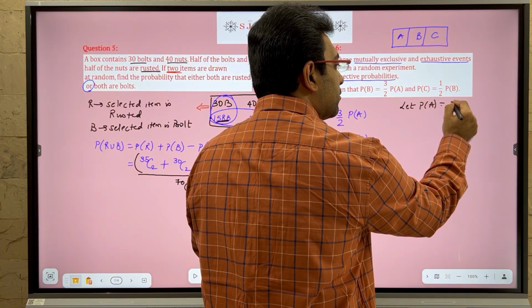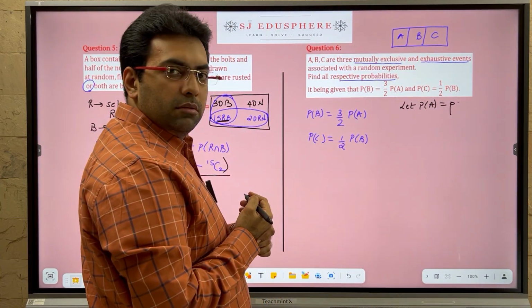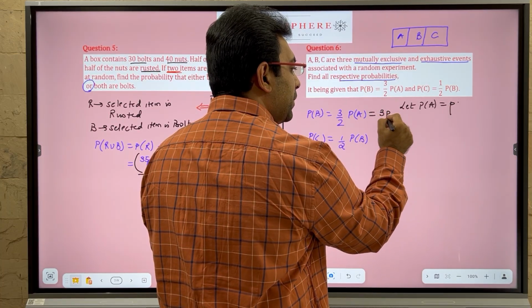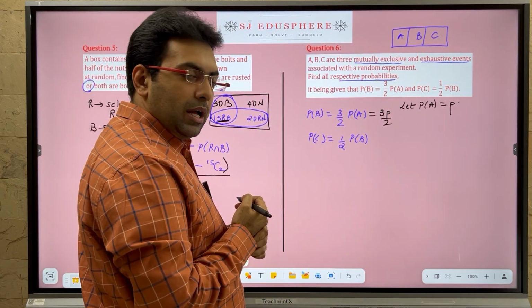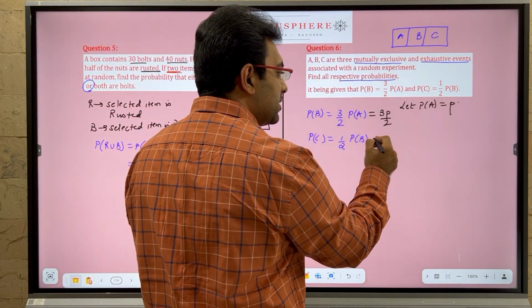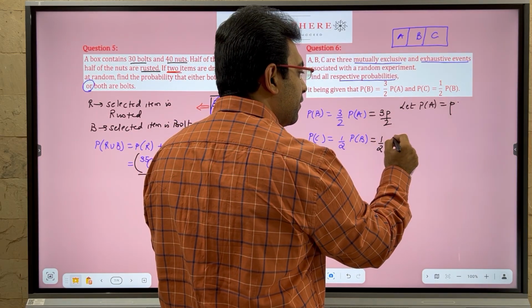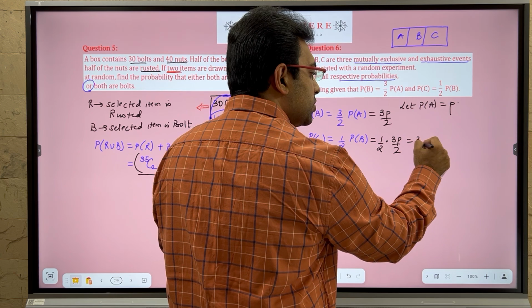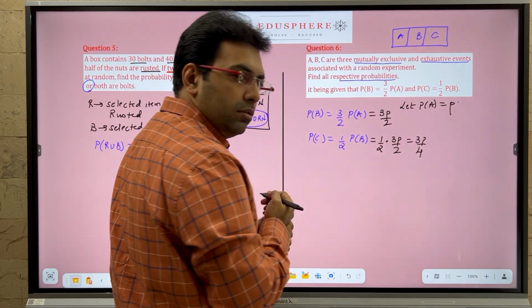probability of A be P, hence probability of B will be 3P upon 2, and hence probability of C will be half into 3P upon 2, which is 3P by 4.